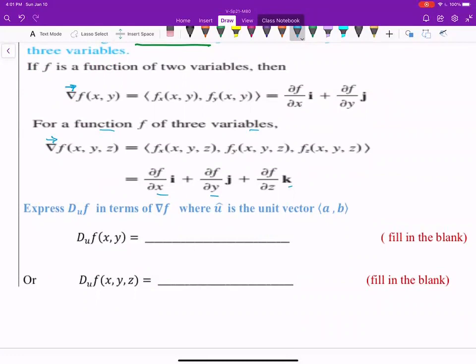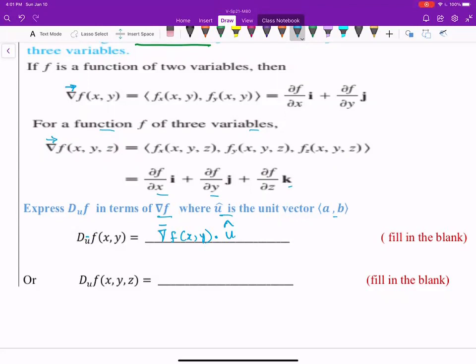Express Du f in terms of del f, where u is a unit vector a, b. So we can write Du f of x, y, u is a vector by the way, u is a unit vector, Du f of x, y can be written as del f, the gradient vector at x, y, dot the unit vector u.